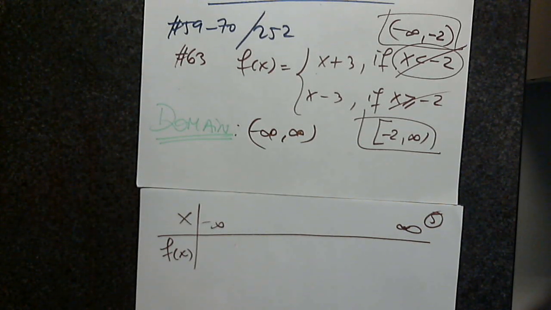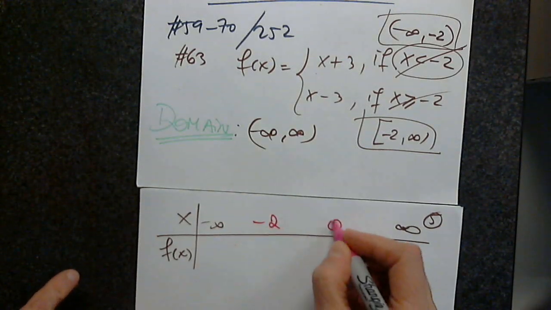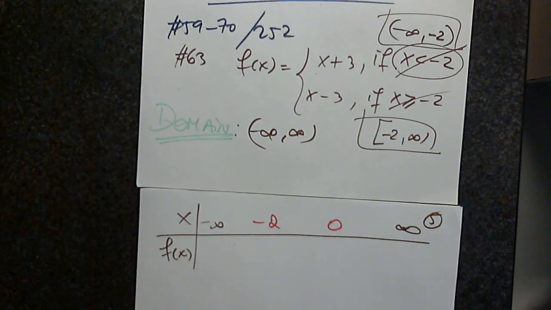But what is the other X value that is so important that at that point I will see the function changing from this to this? What X value is that? Of course, -2 is very important. So -2 and 0 must be in the table. 0 always, and in this case, -2. -2 is like the threshold.